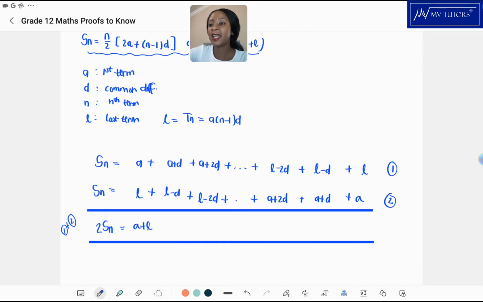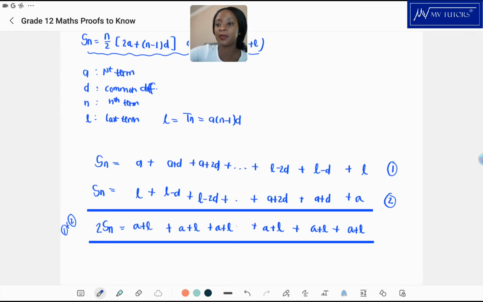Then I have a plus d plus l minus d, so I have a plus l again, because the d's cancel out. Even there I have a plus l, and it continues a plus l all throughout. As for how many a plus l's we have, that is up until the nth term.